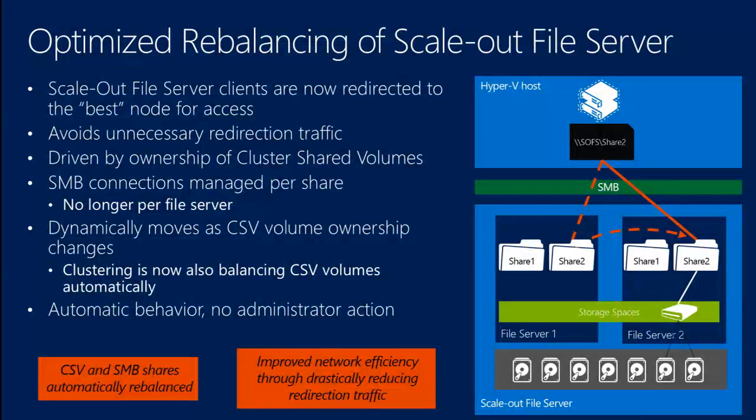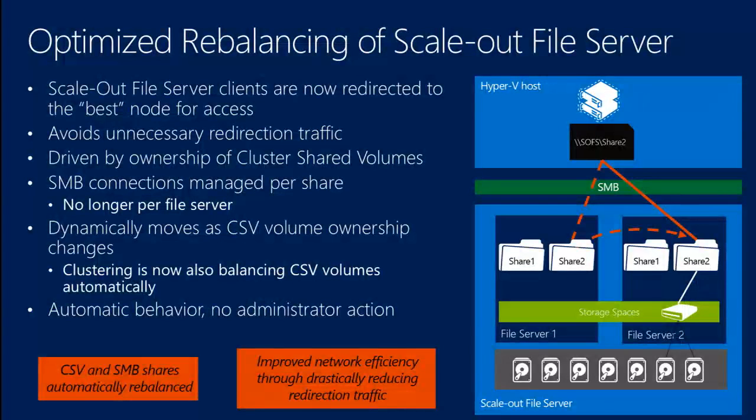In the past, we had an orchestrator per volume, and let's say you had 10 disks and 10 nodes, you'd probably want to spread those out across the cluster. We really had no logic in the past to make sure they stayed spread out. So that's one of the new enhancements in 2012 R2: we will push and spread out those CSV volumes across all the nodes in the cluster to make sure there's better distribution.